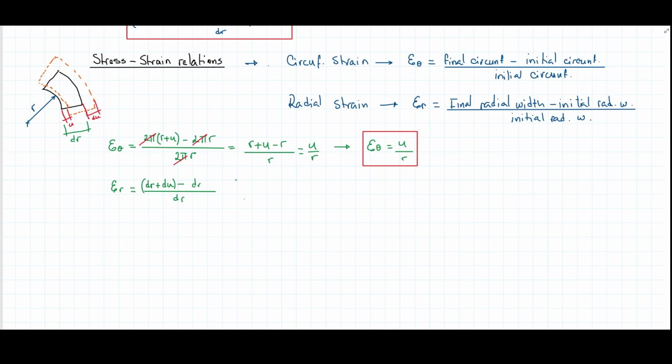Again, I could work it out: dr plus du minus dr, divided by this dr. At the end, I can do the same as here: this divided by this, subtracted with this one, cancelled out, and this equals du divided by dr. I'm going to mark it also like this one. We were already in equation 2, so let's call this equation 3 and equation 4.